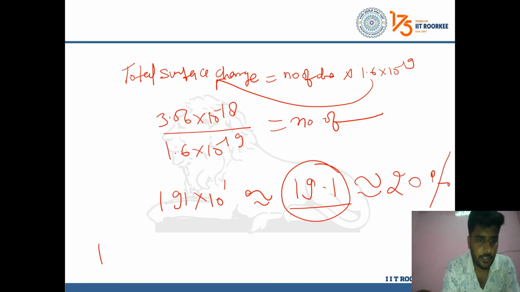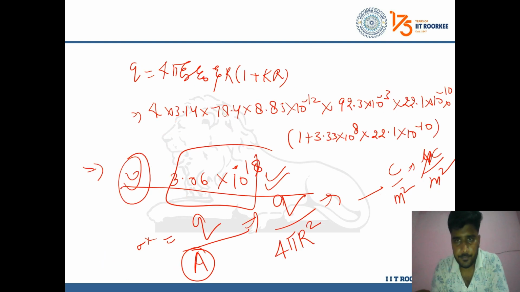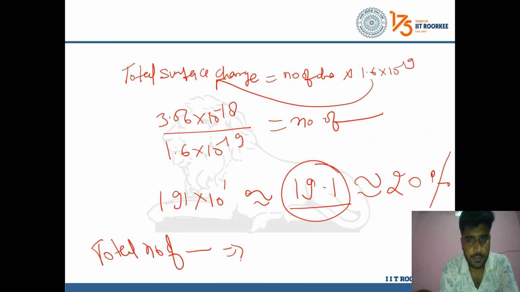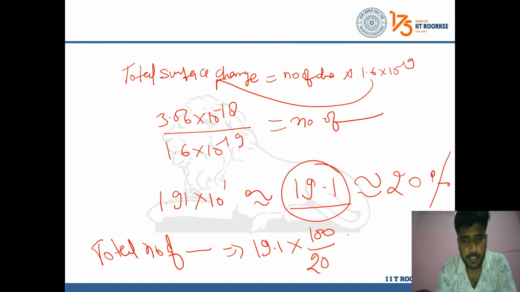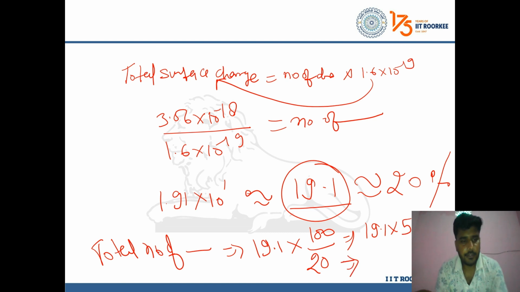For calculating the total number of surfactant molecules in a micelle, you multiply 19.1 by 100 divided by 20, because you have to back calculate. So the complete value will be 19.1 into 5, which is 95.5. This will be the aggregation number.